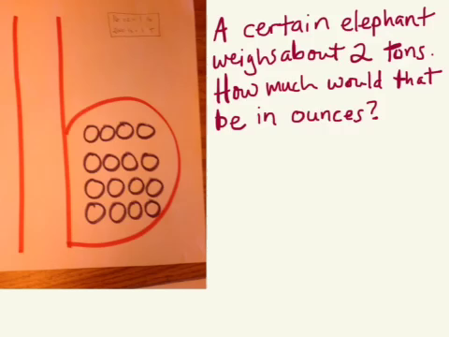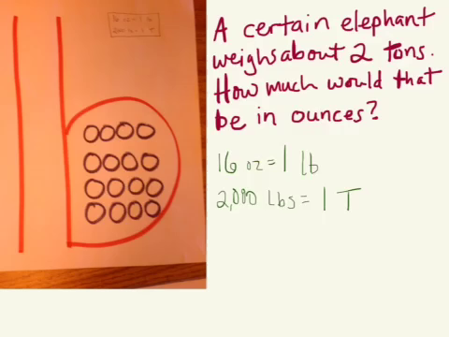If we know that there are 16 ounces in 1 pound and 2,000 pounds in 1 ton, then we can figure this out.